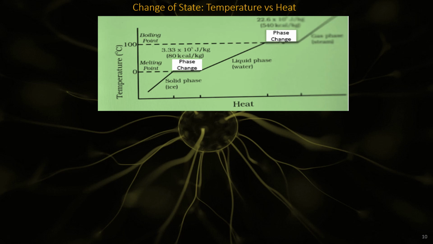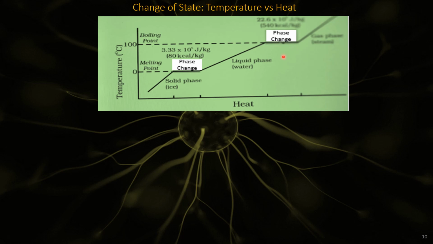Please see at the melting point, that is 0 degrees Celsius, the temperature remains constant, whereas the heat increases. Similarly, at the boiling point, that is a change of state from liquid state to gaseous state, the temperature remains constant at 100 degrees Celsius and it is flat. Also note that the slopes of the phase lines are not all the same, which indicates that the specific heats of various states are not equal.